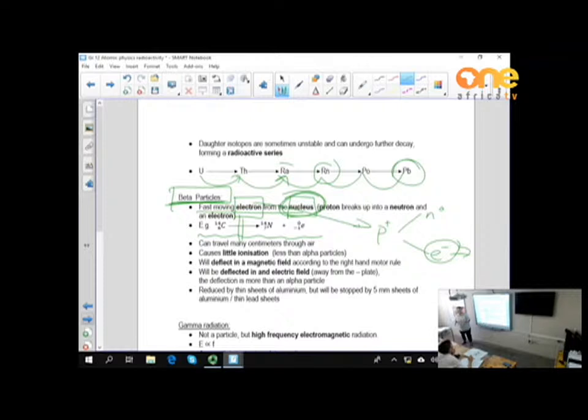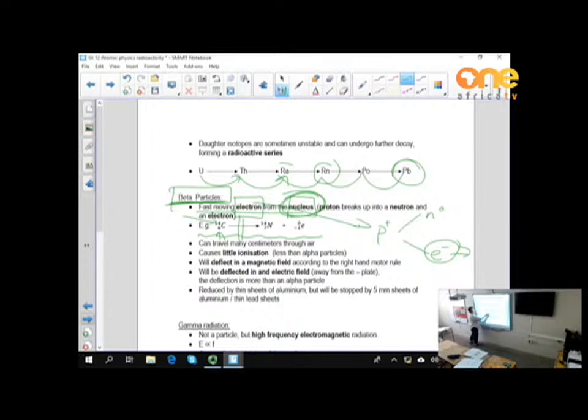So here, I have 6 protons. Over there, I've got 8 neutrons. That's why the mass number is 14, of which 1 neutron is now going to break up, and it's going to form a proton and an electron.